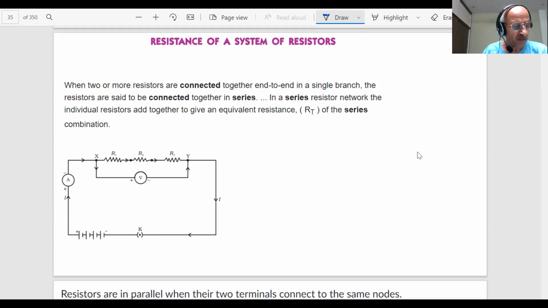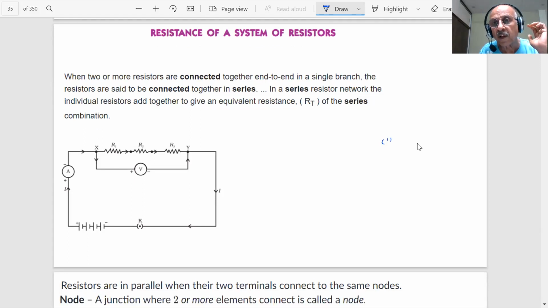In the previous lecture, students, we studied what is an electric circuit and what is electric current. When current flows through a conductor, it depends on the resistance of the conductor and also on the potential difference applied across the conductor.